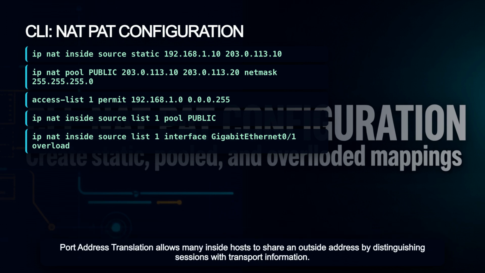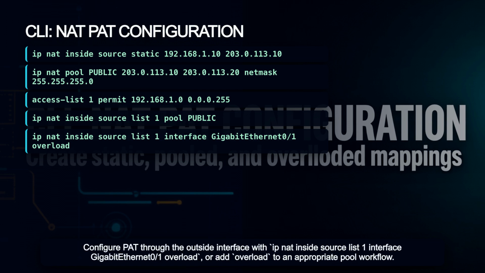Port address translation allows many inside hosts to share an outside address by distinguishing sessions with transport information. Configure PAT through the outside interface with ip nat inside source list 1 interface GigabitEthernet 0/1 overload, or add overload to an appropriate pool workflow.